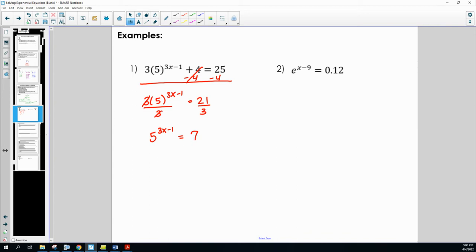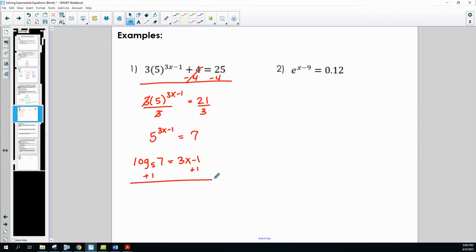At this point, you want to ask yourself, can we make the bases the same? 5 and 7, unfortunately, we cannot make the bases the same. So we're going to change forms. This is going to be log base 5 of 7 is equal to 3x minus 1. To get the x by itself, we're going to add 1 to both sides. Now be careful here.